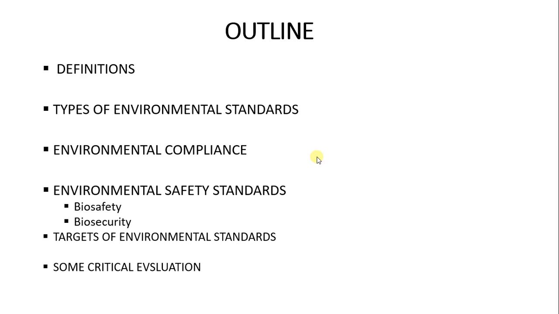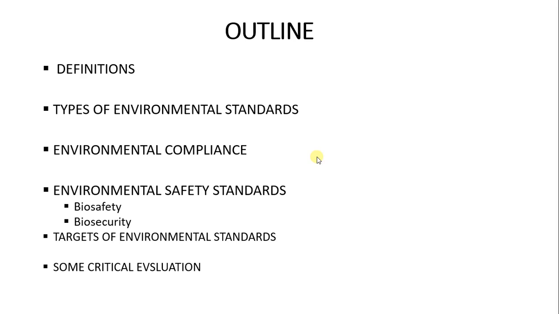So you have a standard, but now you are narrowing down to environmental standard. It is a set of quality conditions that must be adhered to or maintained for a particular environmental component and function. So these are some of the definitions we need to take.